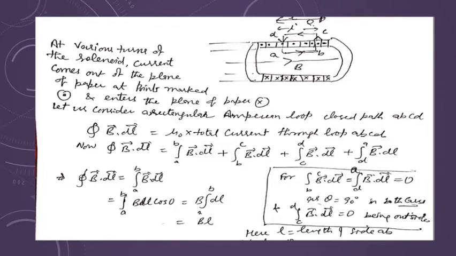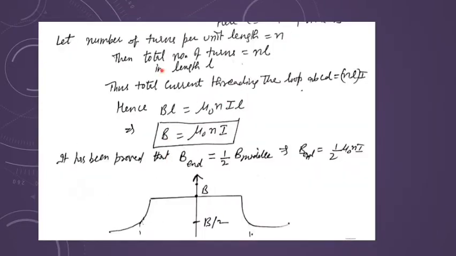If we take n as the number of turns per unit length of the solenoid, then the total number of turns is n times L, because we are taking the length as L. So the total current passing through the loop is nL times I. From Ampere's circuital law, we get BL, which we have just proved, equal to the closed line integral, which equals mu naught times the current, and the value of current is nLI.